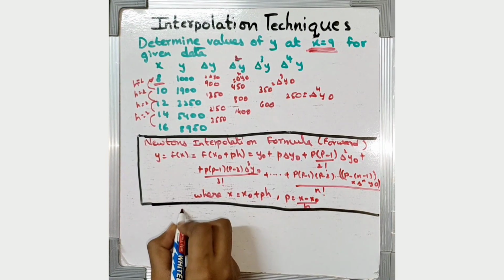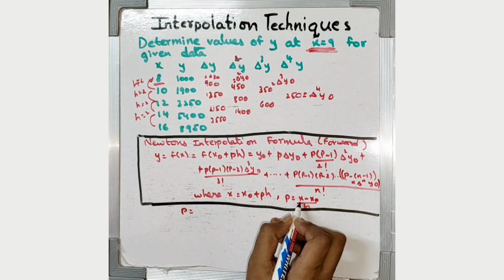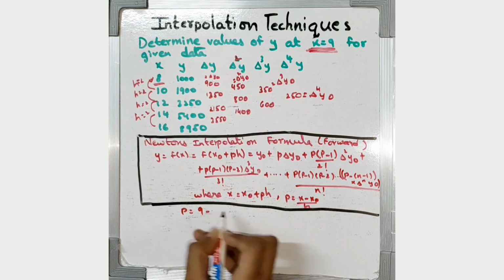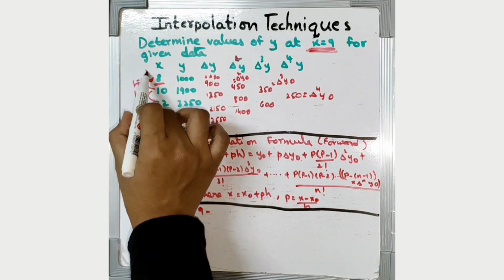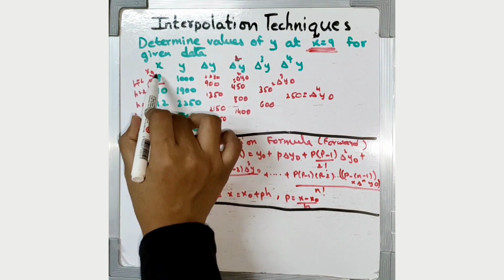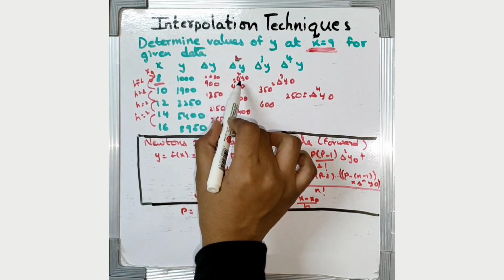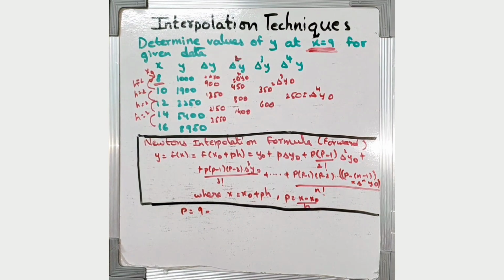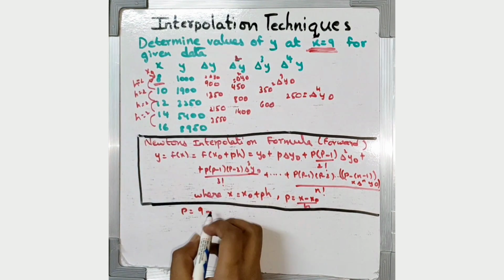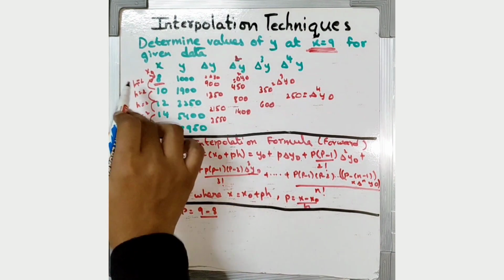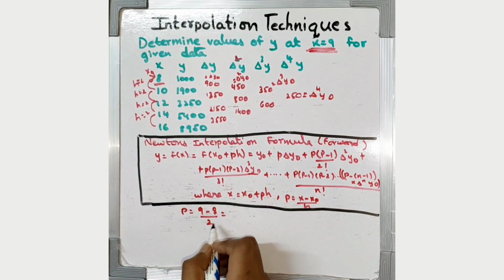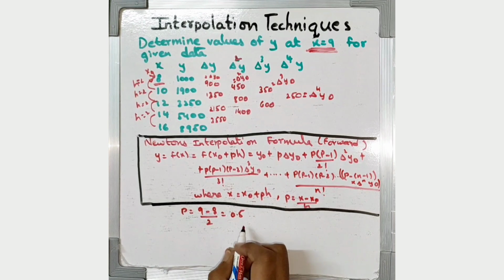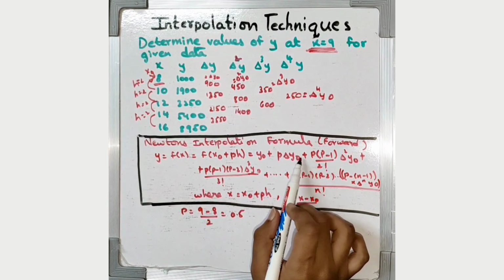Here x is 9, and x0 is 8, the first entry in the table, with y0, delta y0, delta square y0, delta cube y0 and delta power 4 y0. h is 2, the difference. So p is 9 minus 8 by 2, which is 0.5.